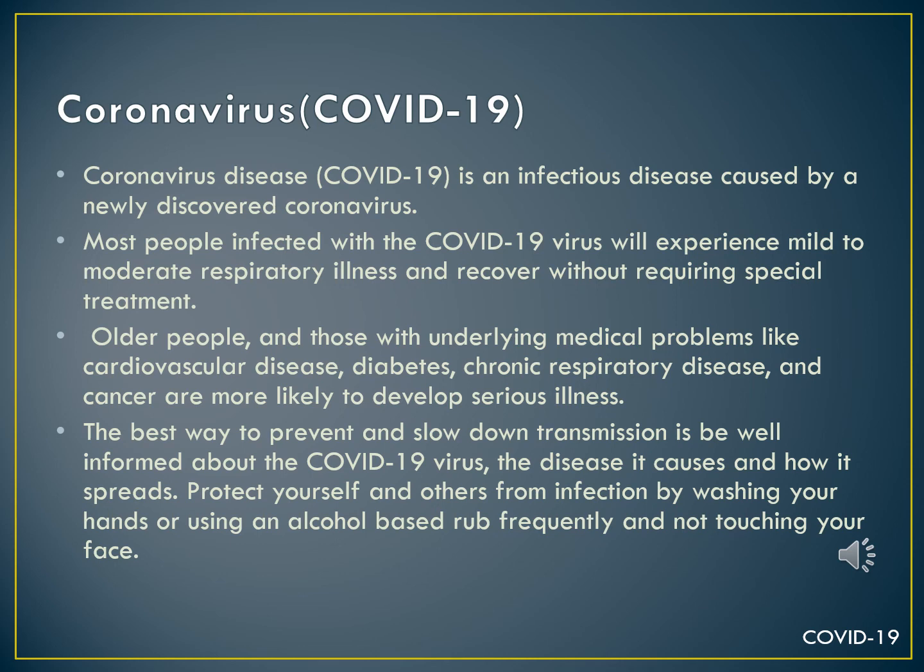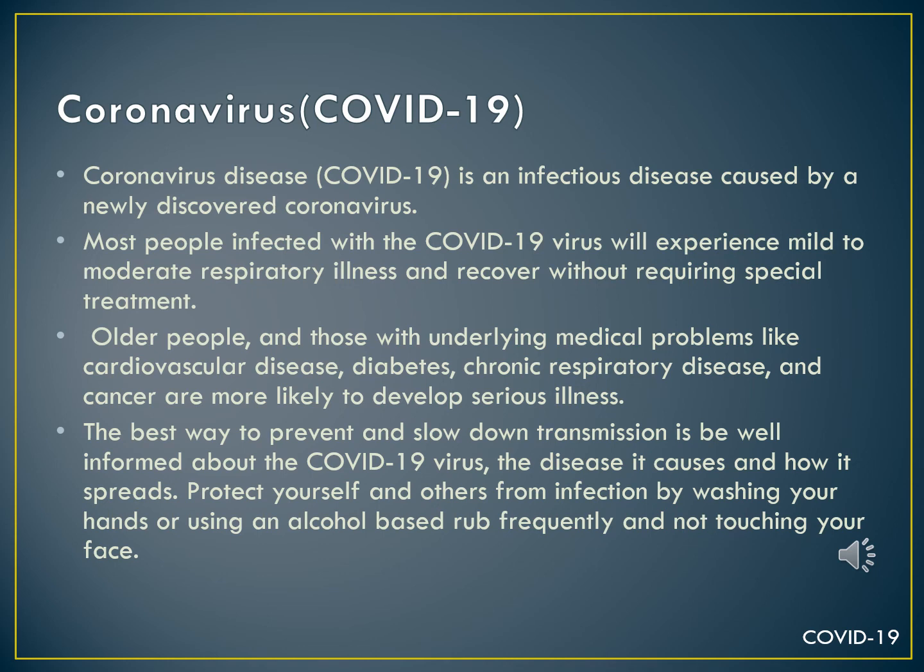Coronavirus, which is also known as COVID-19, is an infectious disease caused by a newly discovered coronavirus. Most people infected with the COVID-19 virus will experience mild to moderate respiratory illness and recover without requiring special treatment. Older people and those with underlying medical problems like cardiovascular diseases, diabetes, chronic respiratory disease, and cancer are more likely to develop serious illness.